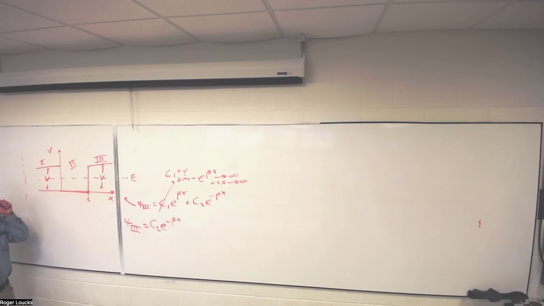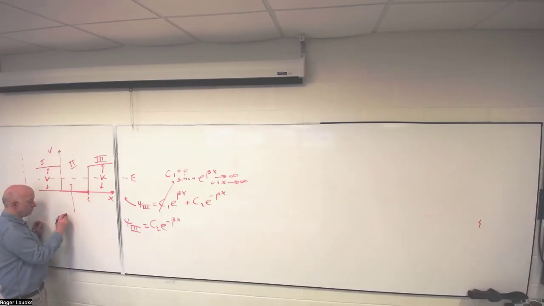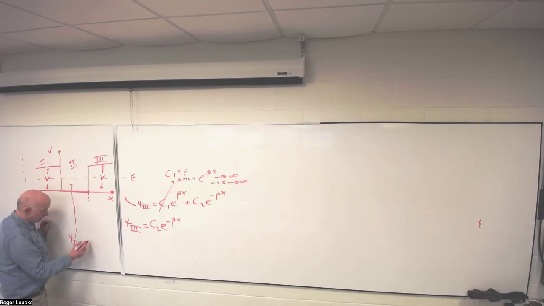Okay. And region 2 here, what were our C values? 5 and 6, in terms of the sine and cosine.